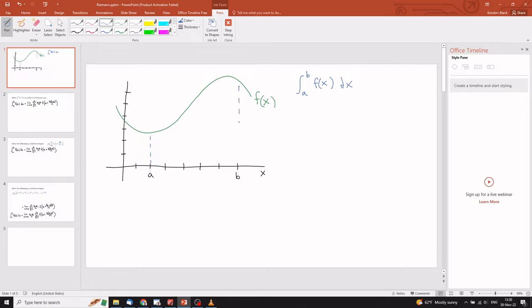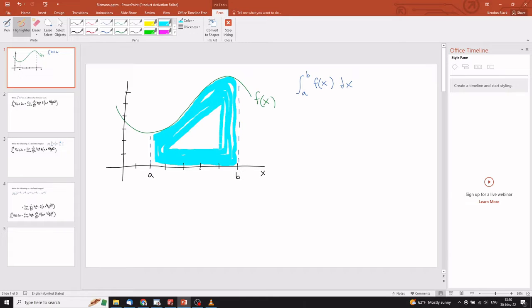Well, if we draw a vertical line from A up to the function curve and do the same thing with B, the definite integral represents the area under the curve from A to B. So whatever this blue area is, it's just going to be some numeric value. We could have units. It could be square feet or square meters or some type of square unit of measuring area. And that would be the answer to the definite integral.